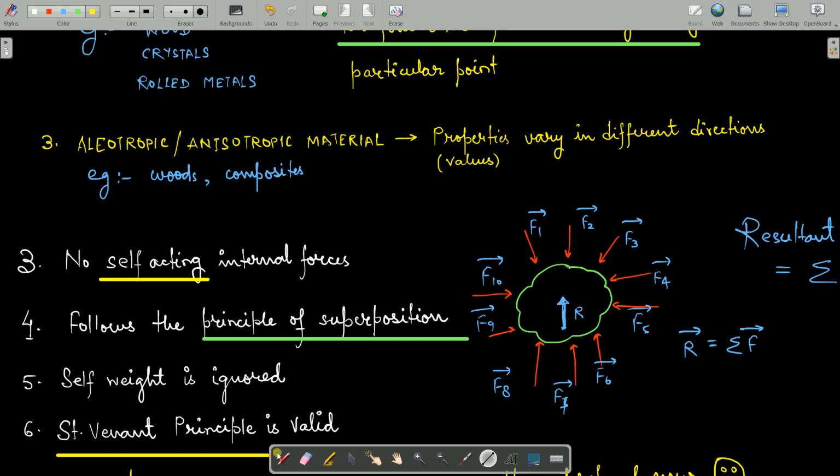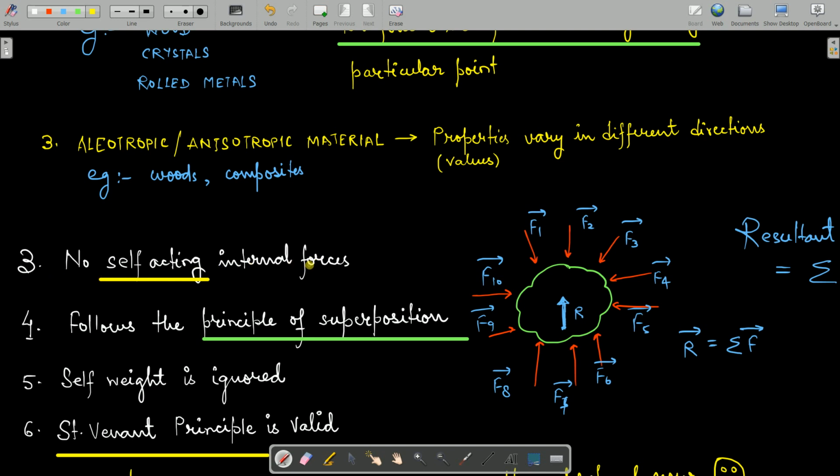Self-acting internal forces means forces which act by themselves, like vibrations, translational or rotational, not of its own. If we provide any extra force, some internal force will be generated, right? But there should not be any prior or initial internal forces present if the body is not disturbed. That is the meaning of no self-acting internal forces.